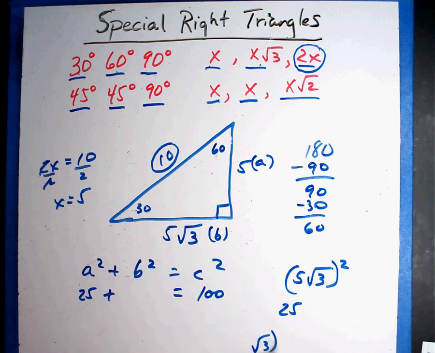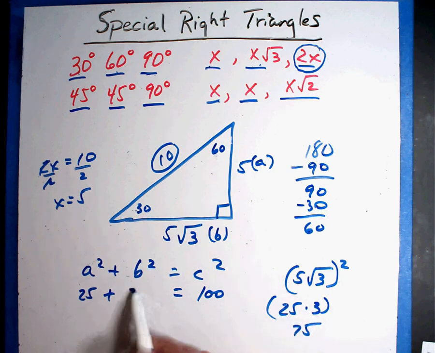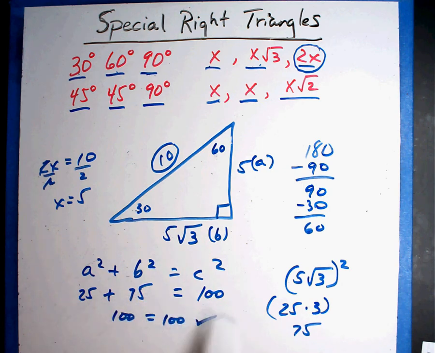Square root of 3 squared? Oh, yeah, remember, squared knocks out the square root. So it's really square root of 3 times square root of 3, which is the square root of 9. And the square root of 9 is 3, so this squared is 3. 25 times 3 is 75. Is 25 plus 75 equal to 100? Yeah, so I did it right.